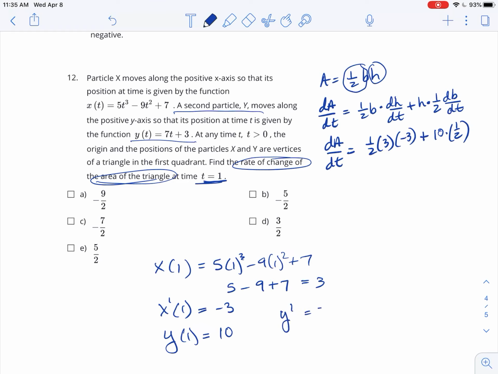And the rate of change of the second at 1, so y prime is equal to 7.